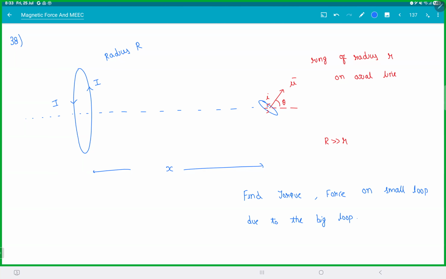So till now we have seen interaction between wires and wires, so it is a loop and loop now. The big loop is much larger than the small one.